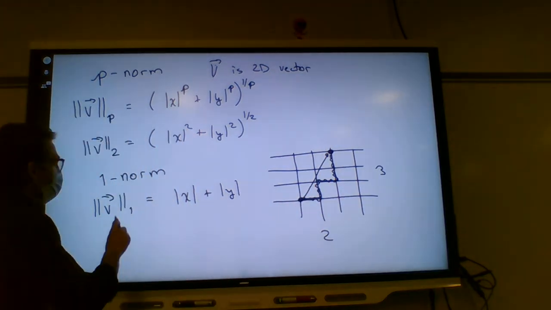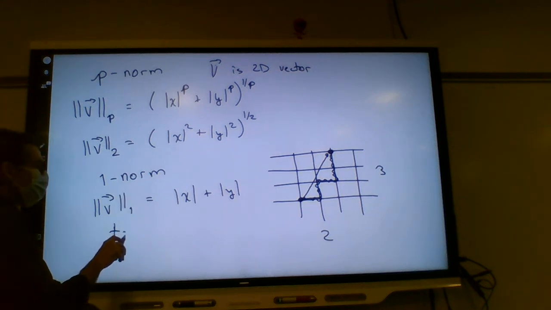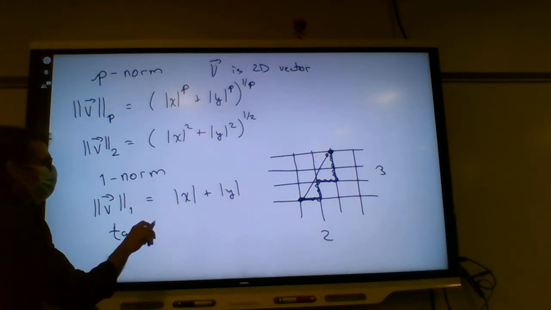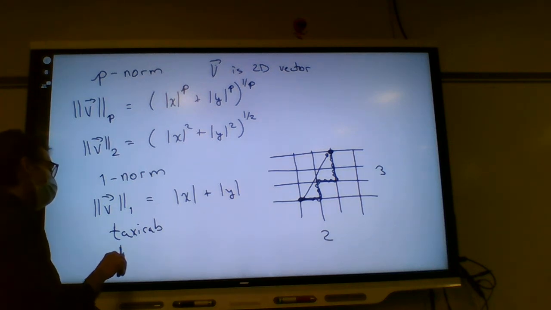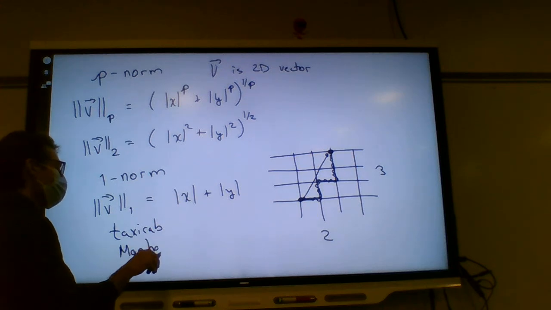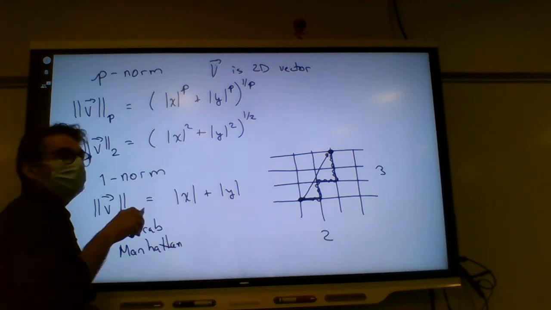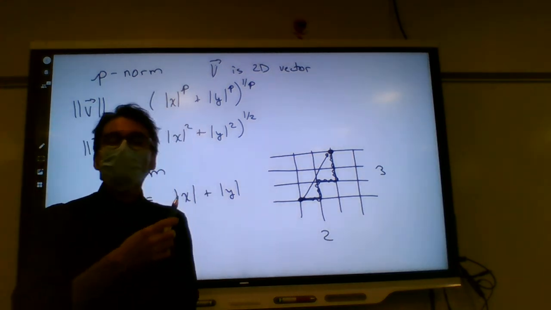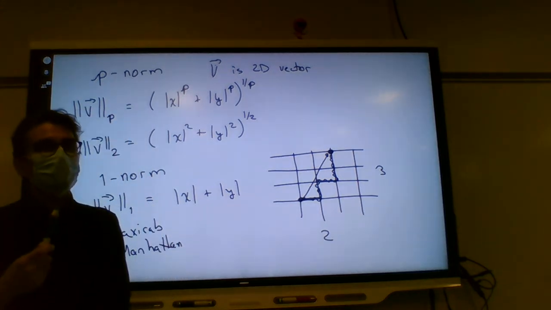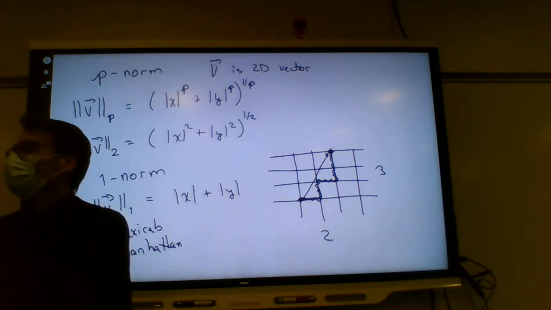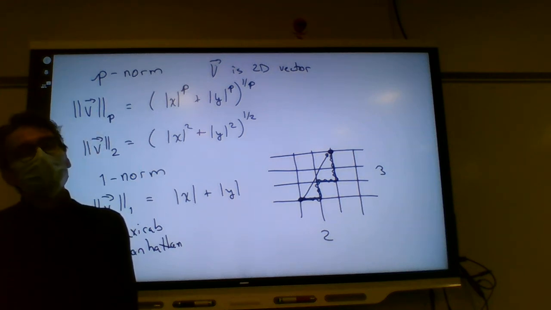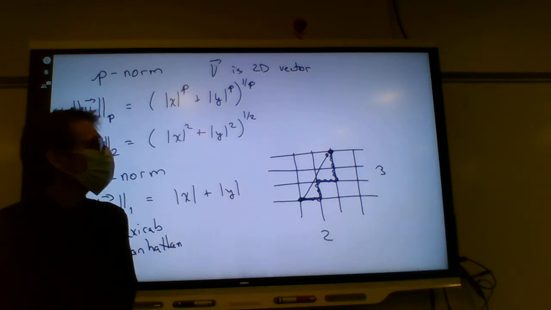So the one norm is sometimes called a taxicab distance or a taxicab norm. It's called a taxicab metric. That's another word that gets used for it. Sometimes it's called a Manhattan distance because it's like driving on city streets, where you have to stay on the street. You can't just decide arbitrarily, okay, I'm going to cut through this block because there are buildings there or whatever, right?